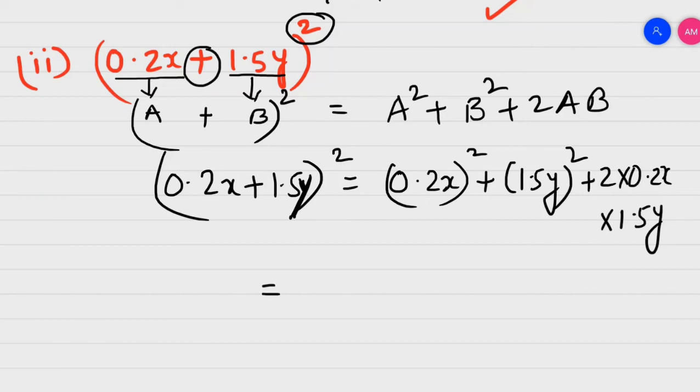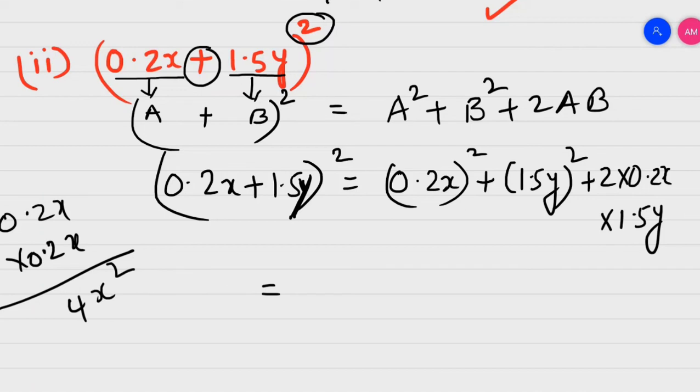Now see 0.2x, that means 0.2x into 0.2x. Two 2s are 4 and x into x is x square. After point 1 and after point 1, you should have two digits after the point, so 0.04x square.